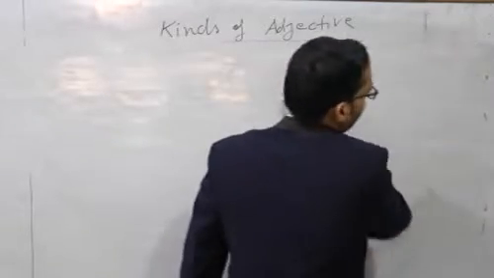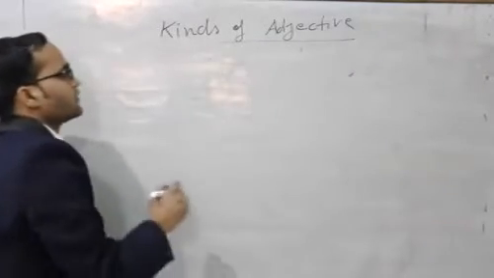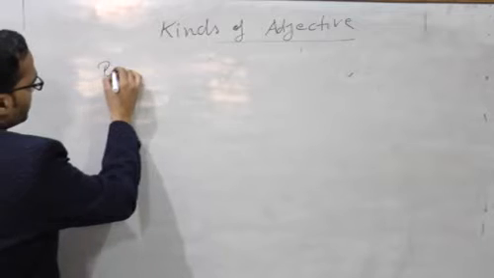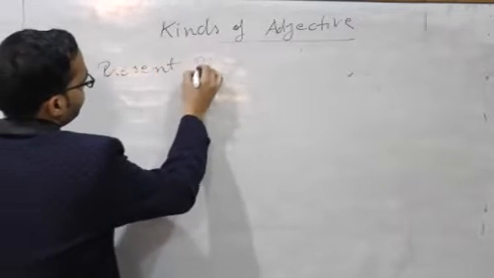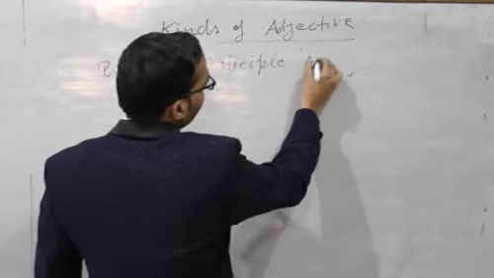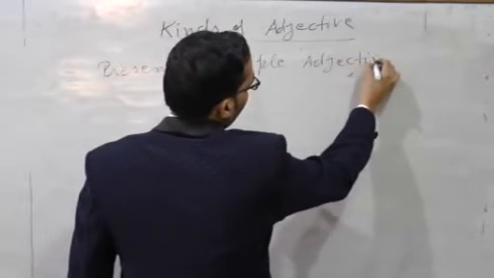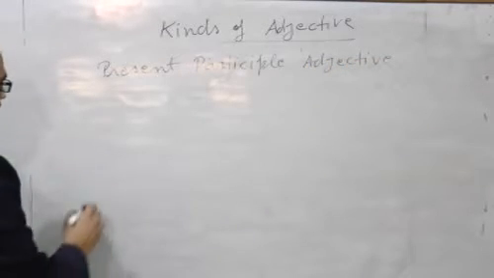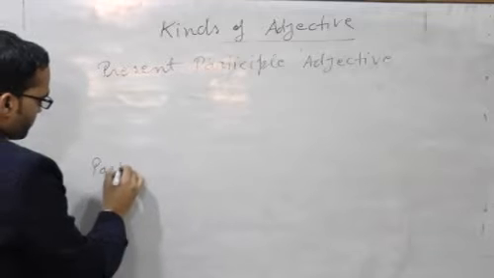Now the next point, present participle adjective. Dear child, present participle adjective. And the next one is past participle adjective.